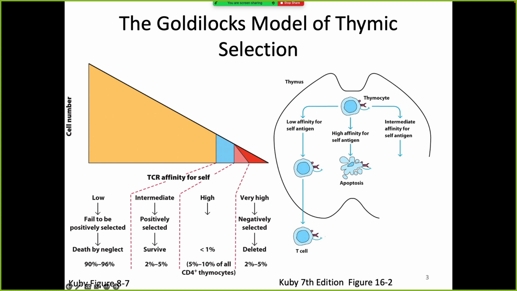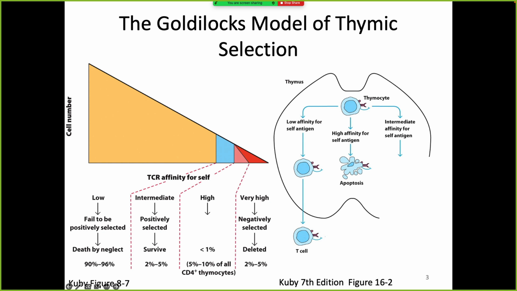What kinds of MHC plus peptide are available in the thymus? Yeah. Self. Every antigen that's in the thymus is self. So in order to become a T cell that goes into the periphery, you have to be a little bit self-reactive.